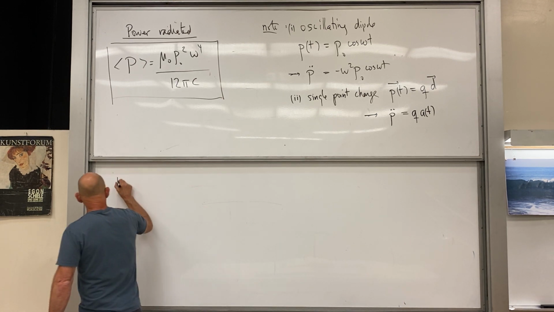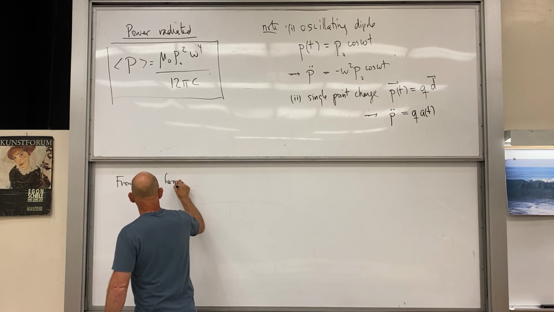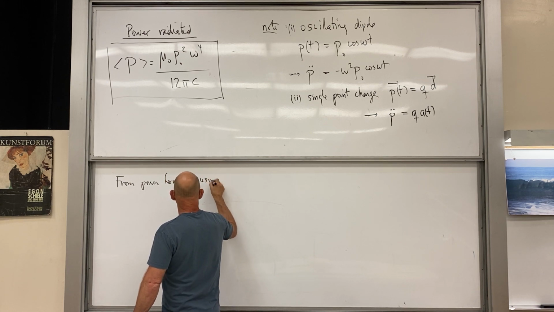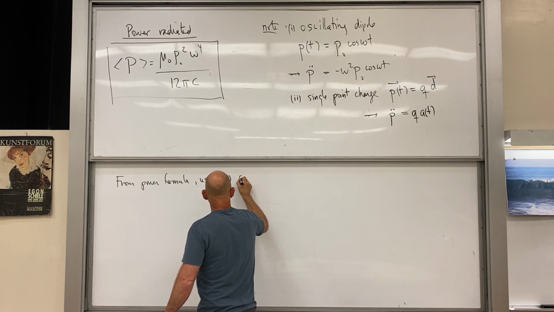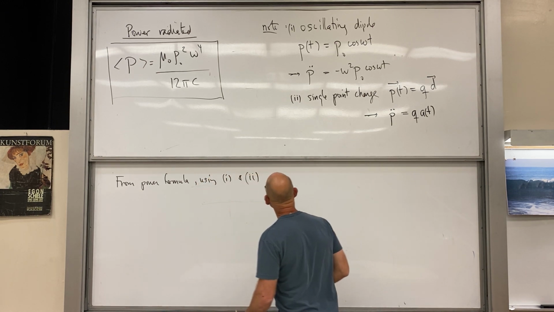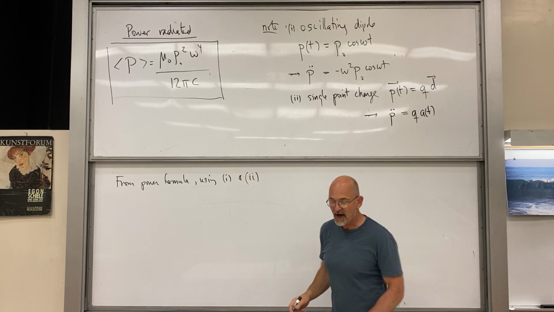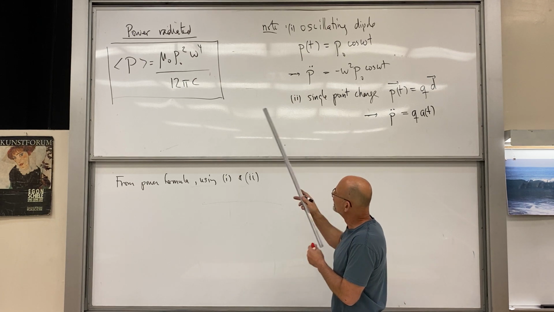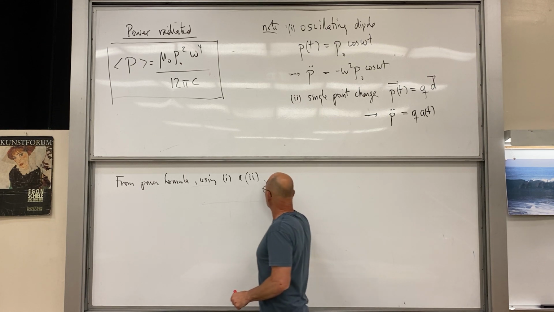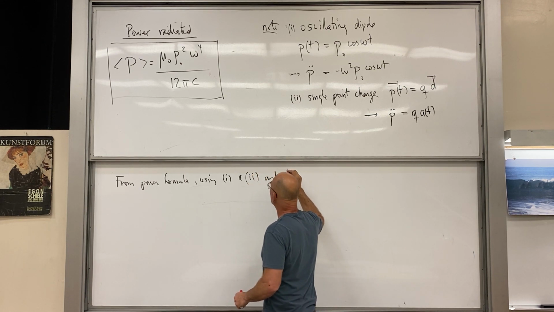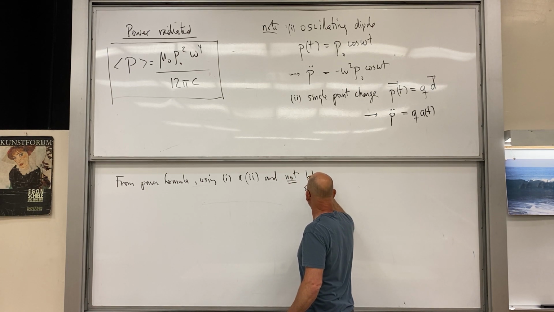So from the power formula, using these results 1 and 2, and because we're back to the time dependent expression, we're going to take back that 1/2, and not take the time average.